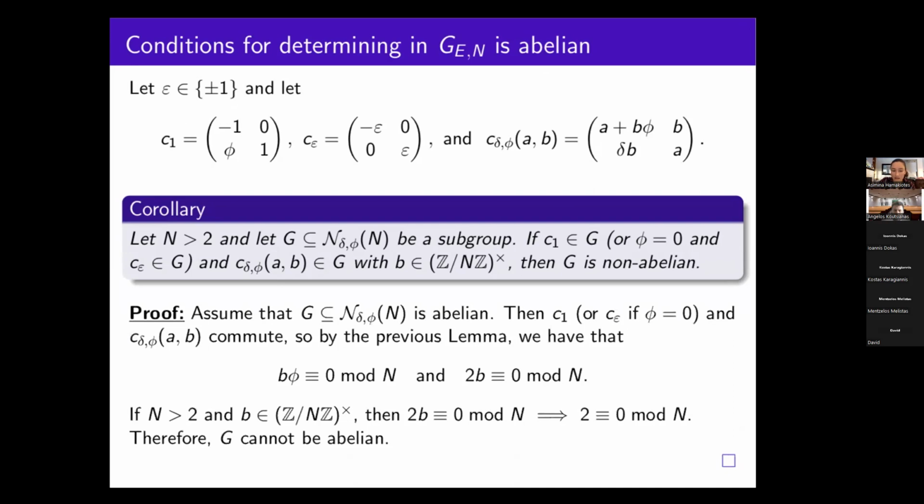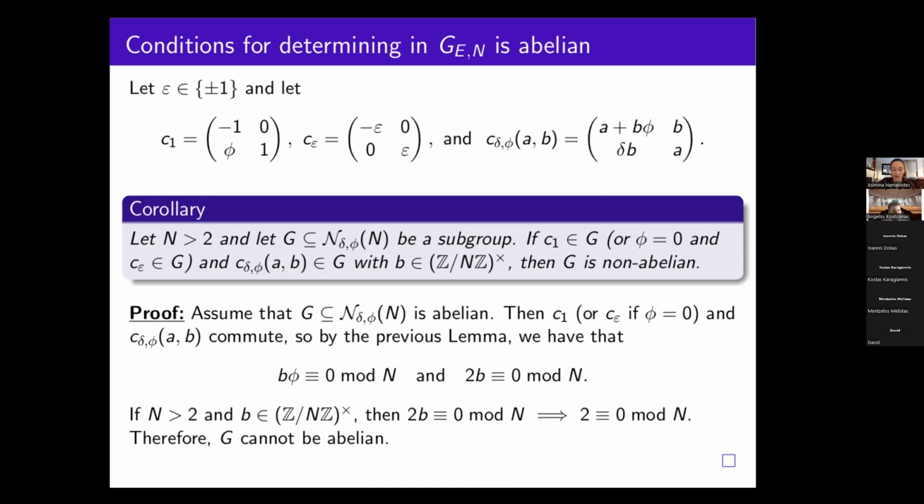And that's because if we have, let's say, C1 and some Cartan matrix commute, then by the result I just showed, we must have that bφ is 0 mod n and 2b is 0 mod n. But if n is greater than 2 and b is a unit, then 2b being 0 mod n implies that 2 is 0 mod n, where n is greater than 2. And that's not true. So we get that G cannot be abelian.